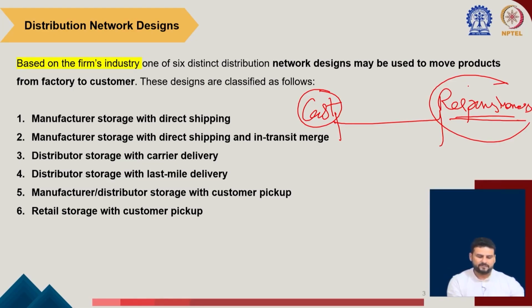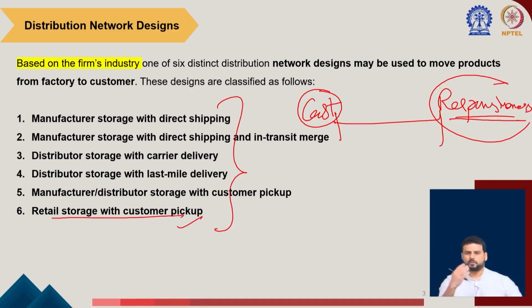So based on that we have these 6 options to design the different networks, with the kind of routine you are dealing with. You are going to the shop, picking the product, from manufacturer storage with direct shipping from their end, and then we will include the online store also, where you are visiting online, and then the products are delivered from the distributor, retailers or manufacturers.